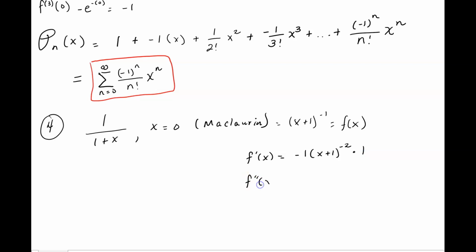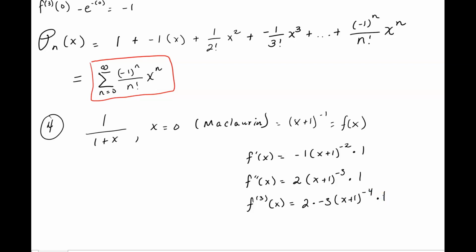F double prime of x is going to be a negative 2 times negative 1, so that's a positive 2, times x plus 1 to the negative 3 multiplied by 1 again. And then the third order derivative is going to be a 2 times a negative 3 multiplied by this x plus 1, in this case to the minus 4, multiplied by a 1.